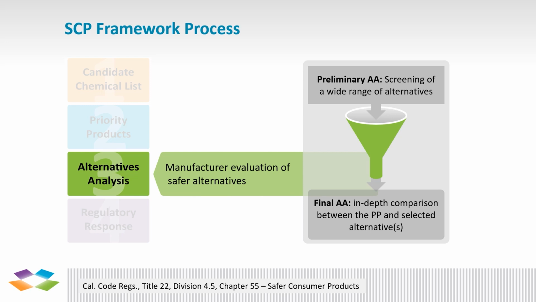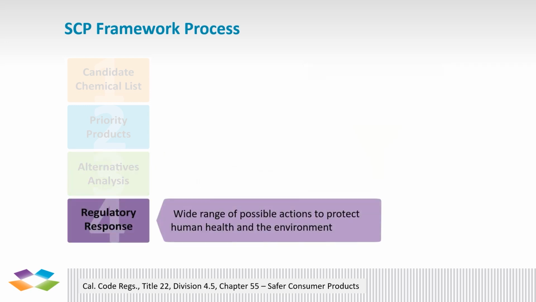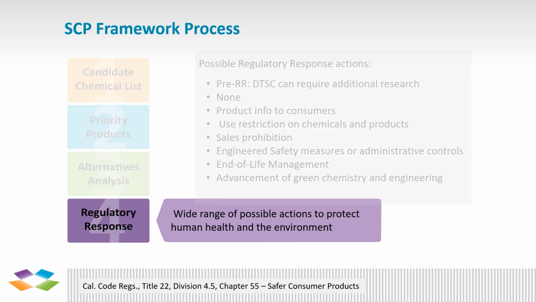Please see our other training videos on the preliminary AA and final AA for more in-depth explanation of the process at each stage. At the end of this process, SCP can issue one or more regulatory responses, depending on the results of the alternatives analysis.